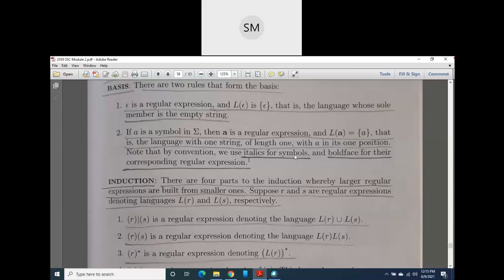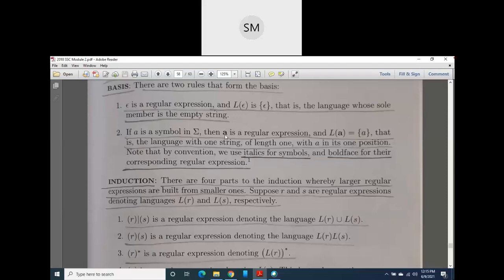It means that first we consider a symbol with which we are going to generate or create a language, and for that language we write the regular expression. So symbols will usually be written in italics. Instead of writing that A with italic, we have made it bold, clearly to tell you that it is not a symbol, it is a regular expression.